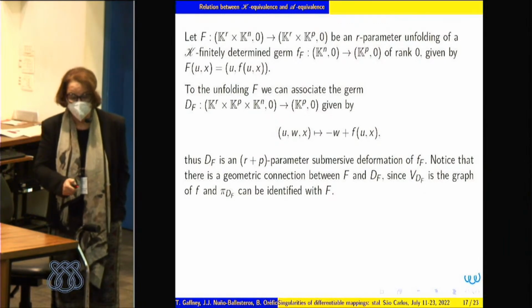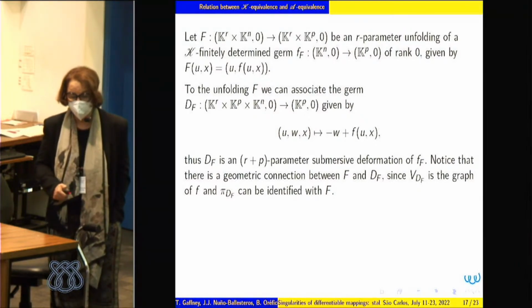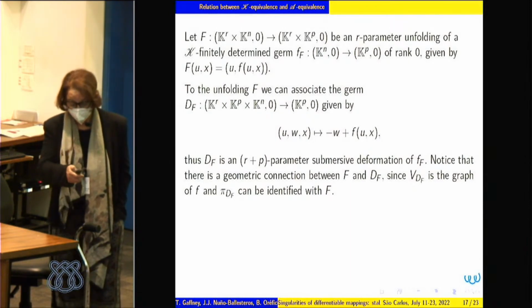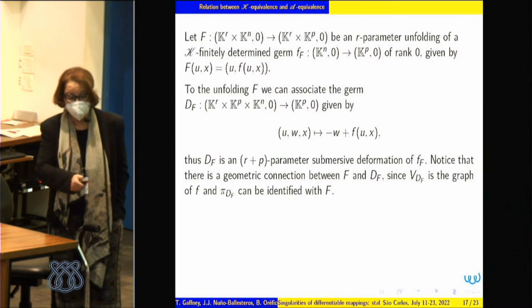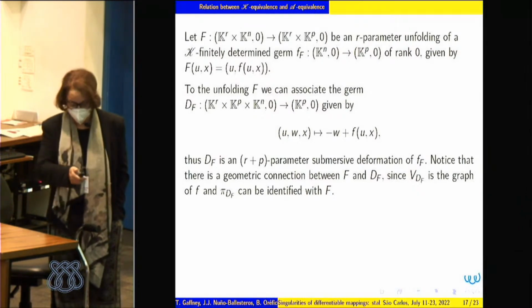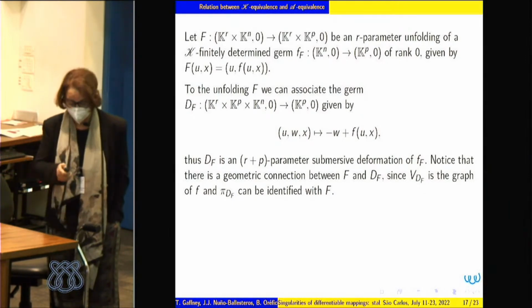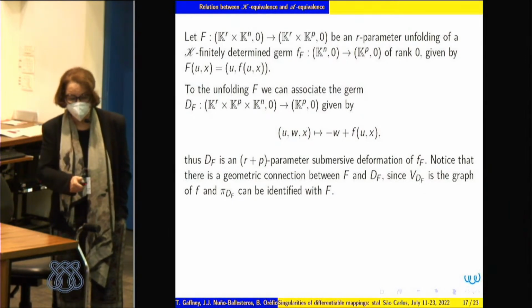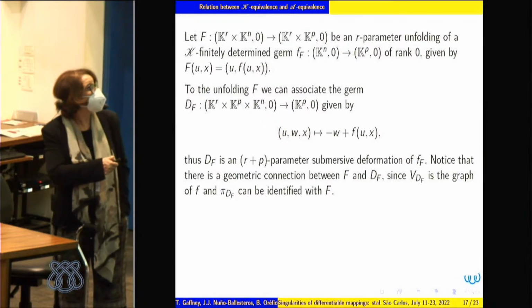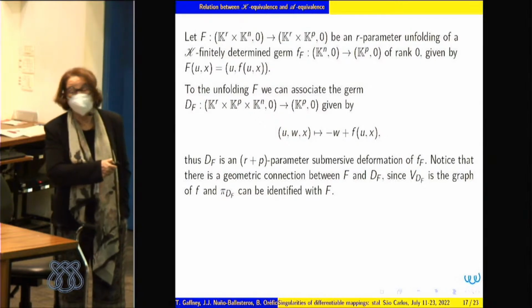So suppose that F is an R-parameter unfolding of a K finitely determinate germ, little f, as we did before. To this F, we can associate the graph deformation, as before.